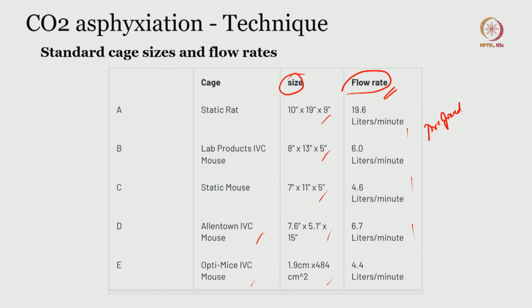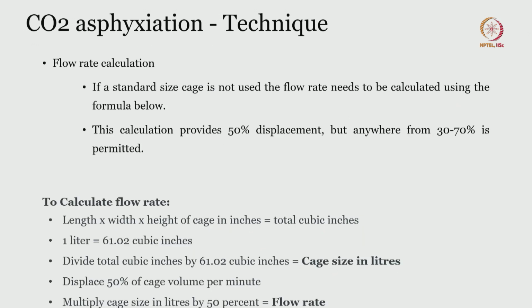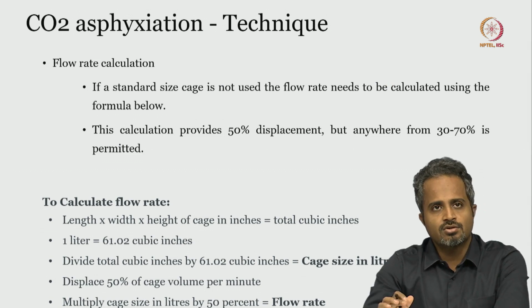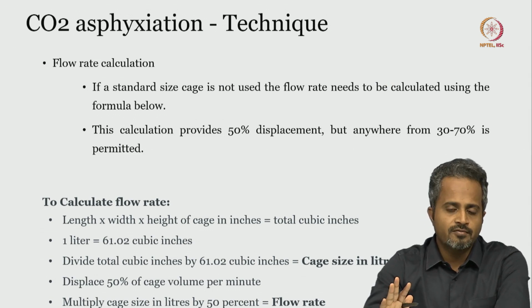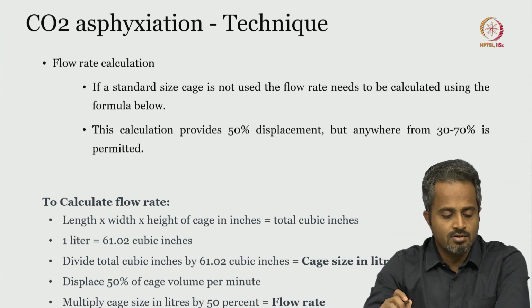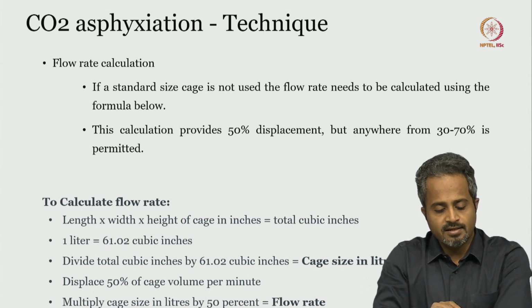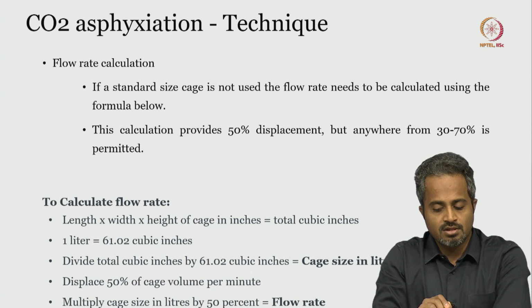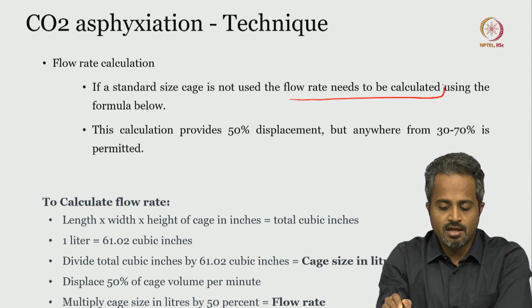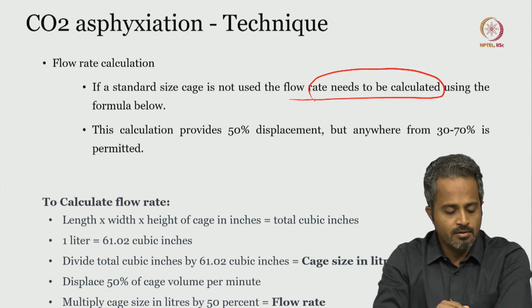All right. So, if suppose the size of the chamber differs, how will you determine the flow rate? That's an important aspect of today's discussion, because we need to ensure the flow rate is appropriate for the chamber size. All right. So, if a standard size cage is not used, the flow rate needs to be calculated using the formula below.